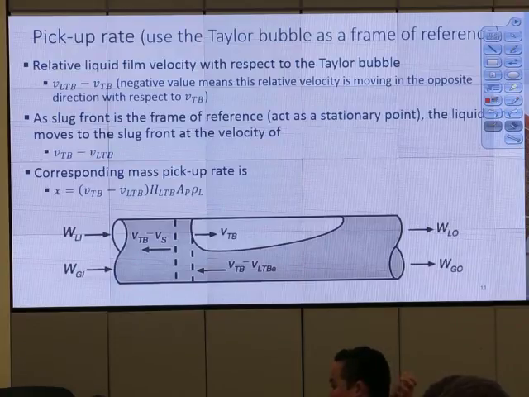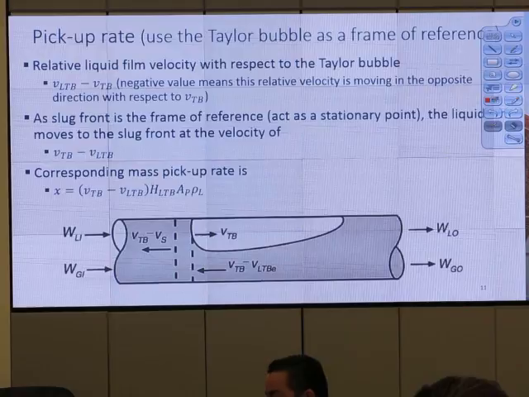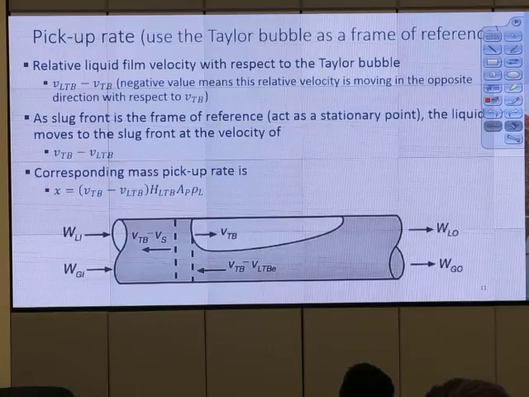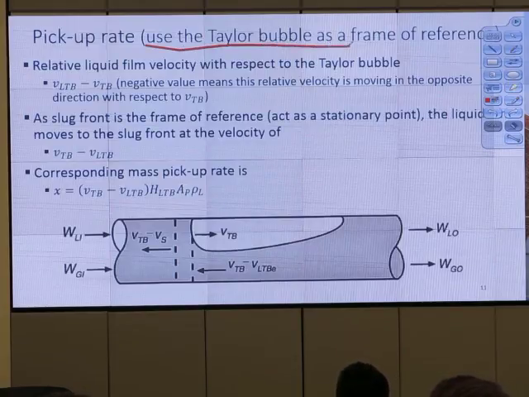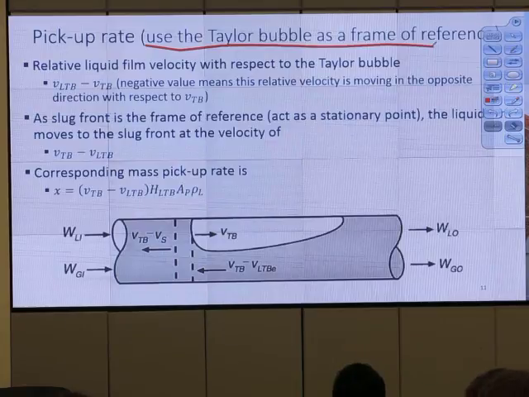Looking at that picture, which one is V and VTB? V mixture? Okay, we are going to talk about which one is which, because this one uses the Taylor bubble as the frame of reference. Now we will analyze the pickup rate.